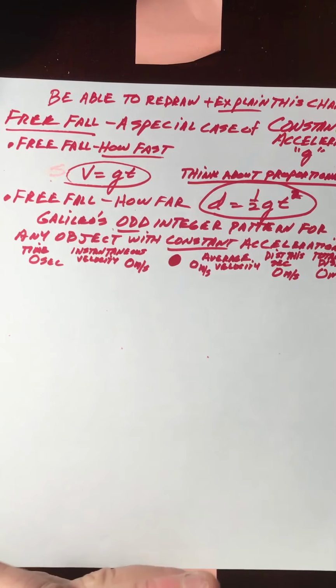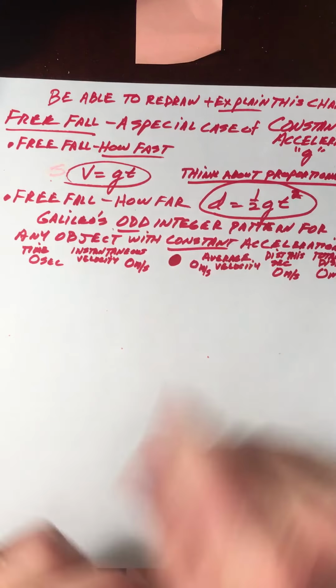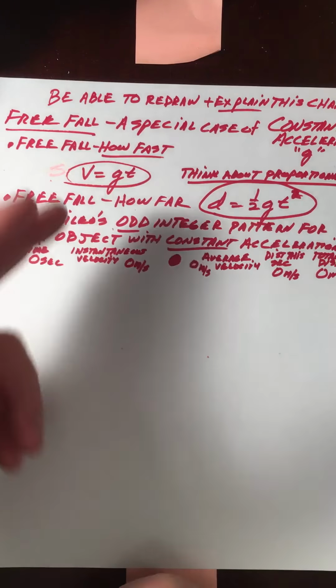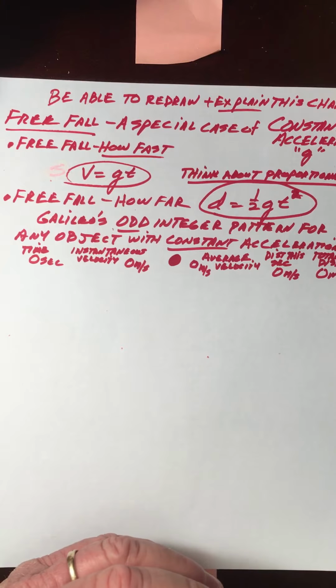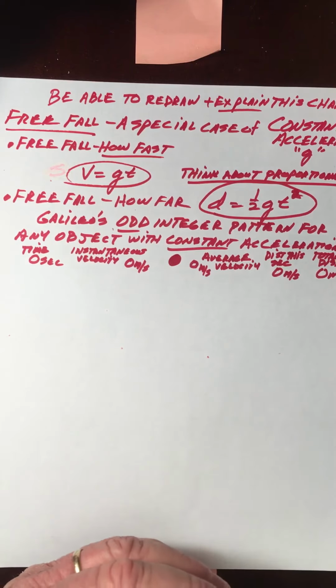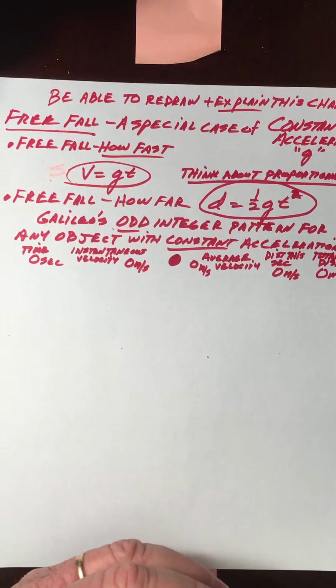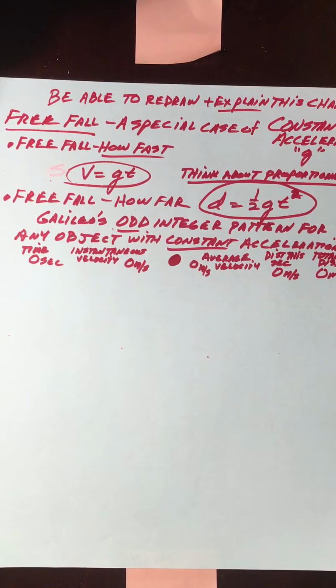And you know that it has to do with free fall because both equations have little g in them. How fast, velocity or your speed, equals little g times time, v equals gt. And how far did you go under constant acceleration? Distance equals 1/2 gt squared. Those are the two equations we're going to be using.